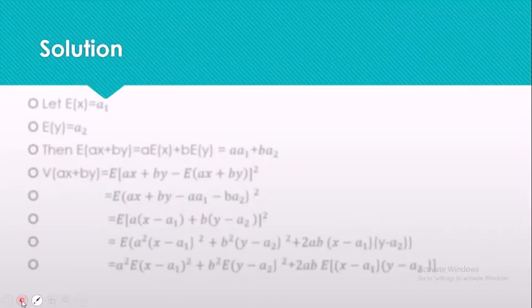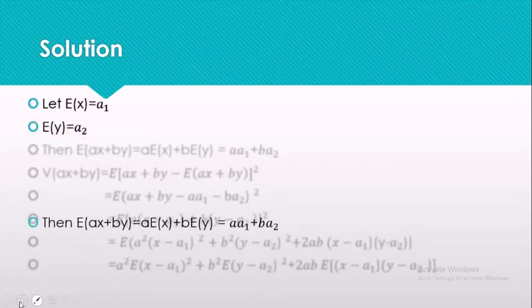So let's move on. For moving forward, I'm going to give expectation of X a notation, a1. Similarly, expectation of Y is equal to a2.